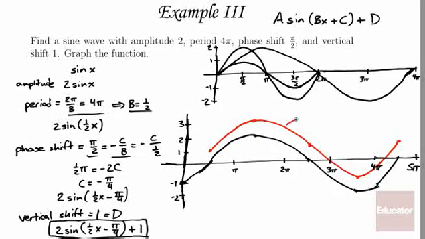So that final curve is the one we want. That's 2 sine of 1/2 x minus pi over 4 plus 1.